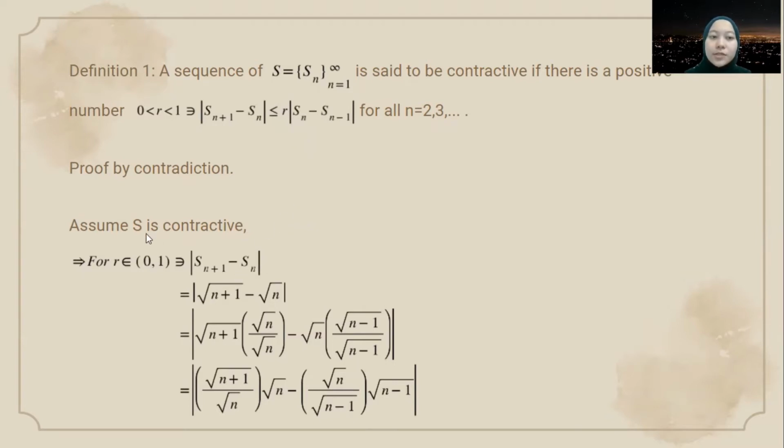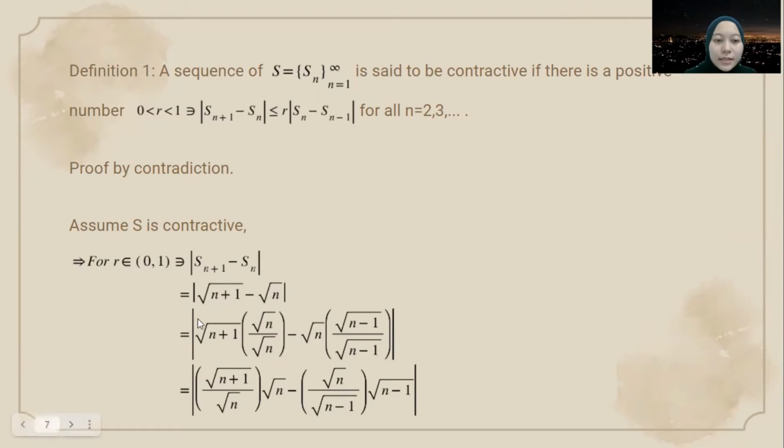So firstly, we assume S is contractive. We let r be an element in the open interval (0, 1) such that in modulus S_{n+1} minus S_n. So S_{n+1} is equivalent to root of n plus 1 and S_n is equivalent to root n.